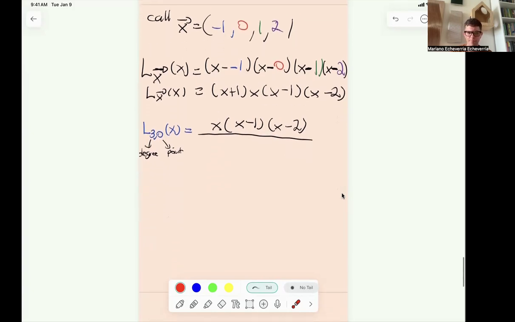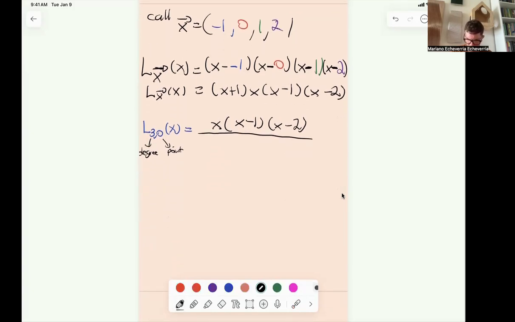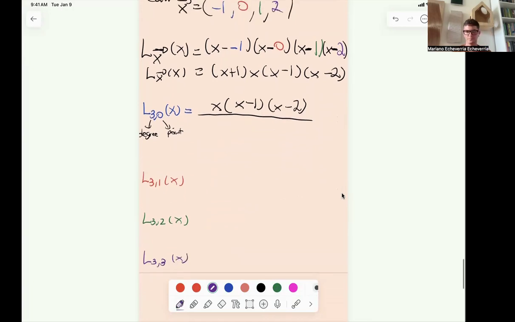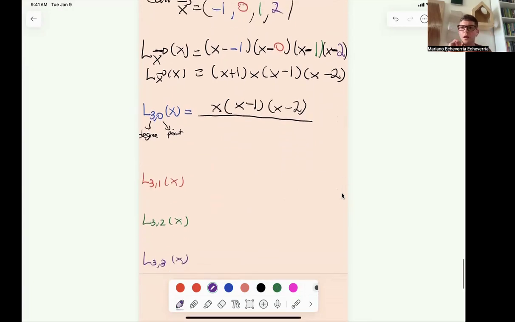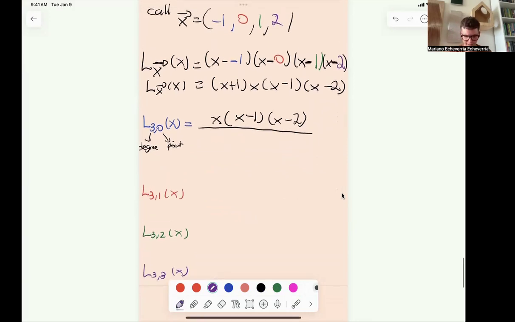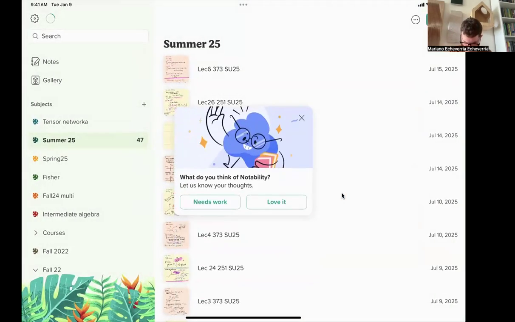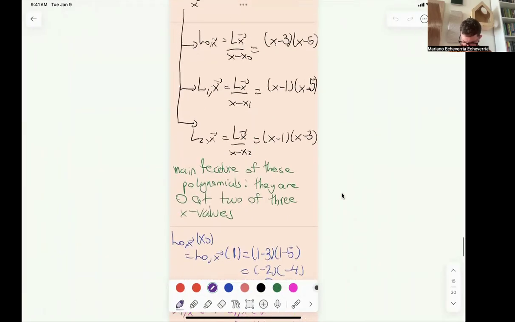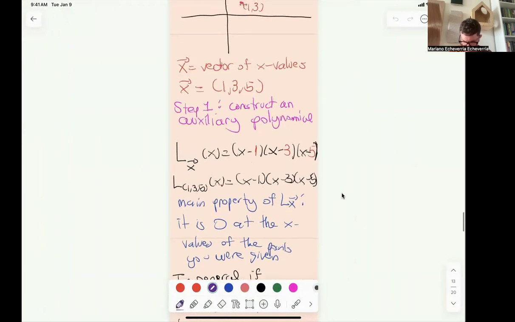I can write the rest first. There's going to be an L31, an L32, and an L33. No, let me see. We use a parabola, like the one from yesterday.